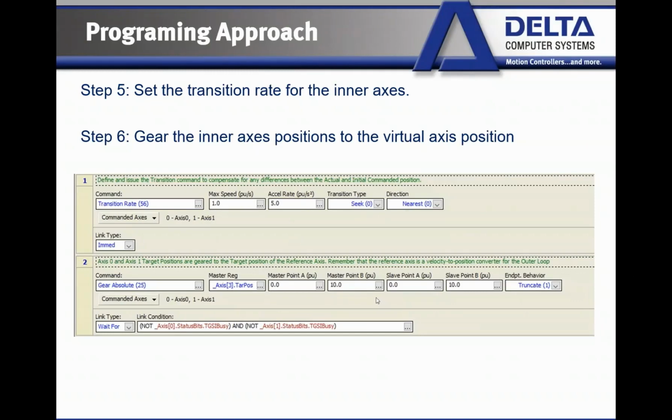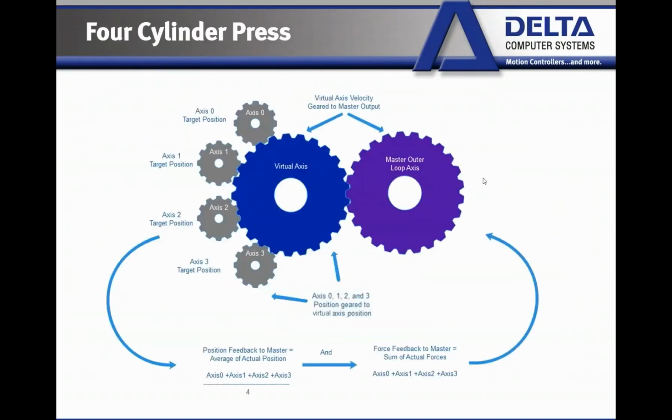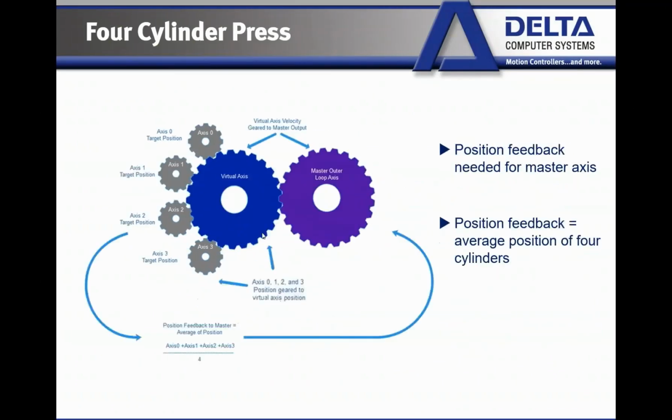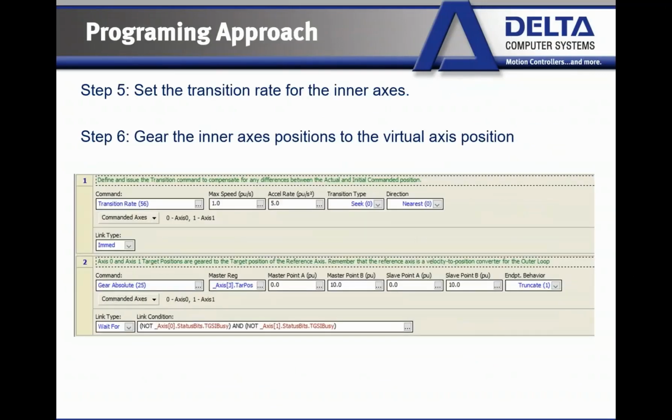Next, we're going to use our gear absolute. What we're doing here is gearing the inner axis position to the virtual axis position. I'm going to jump up really quick just to refresh what step we're on. We're on this step right here. This is what's happening. We're gearing our physical axes to our virtual axis. Okay, jump down real fast. So we gear to axis 3 target position.